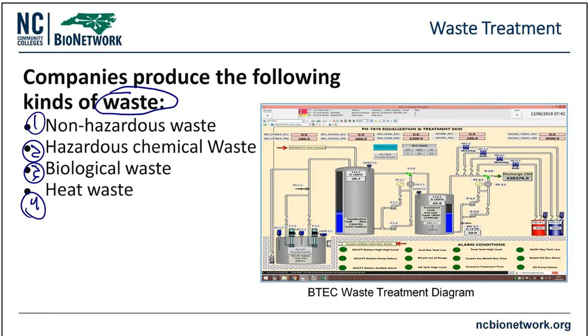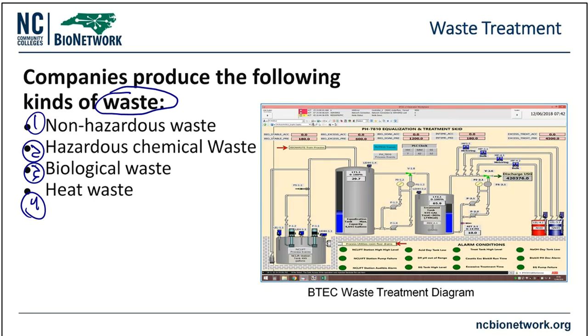Well, we take them to specific drop-off locations, or we process them. If I'm a biomanufacturing company, we process them in-house using certain protocols that I need to follow to make sure that they're clean, so we can dump them a little bit later down the road. Biological waste is just that. It's anything biological in nature.